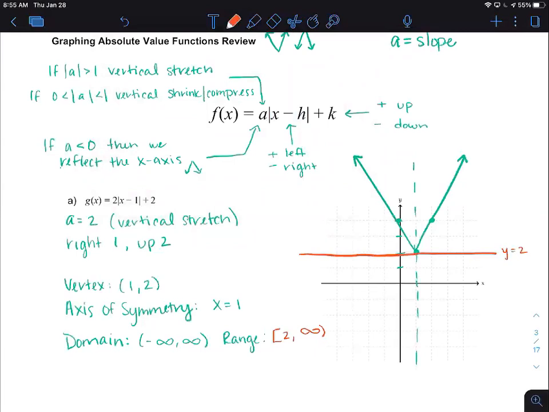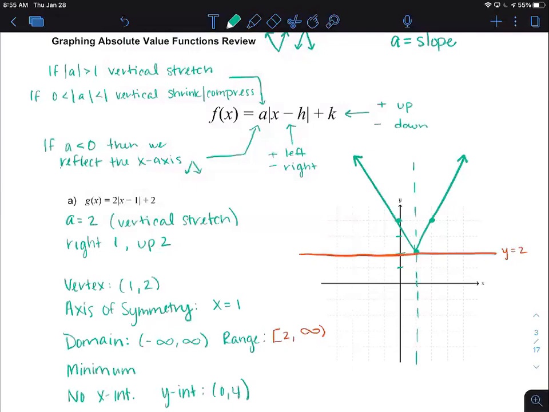Okay. The other things we talked about first semester, we talked about minimum and maximum. So this is going to be a minimum because it has a bottommost point. We have no x-intercepts. And then our y-intercept is going through at (0, 4).